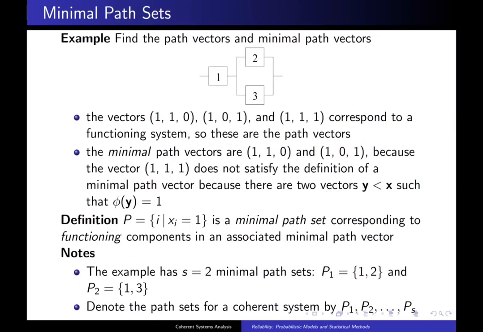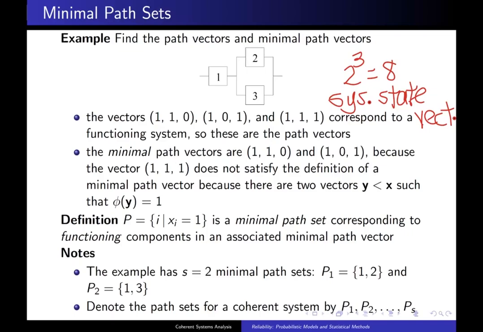Okay, here's an example. Let's find the path vectors and the minimal path vectors for this system. Now, since you have 3 components, you know that there are 2 cubed, or 8, system state vectors.